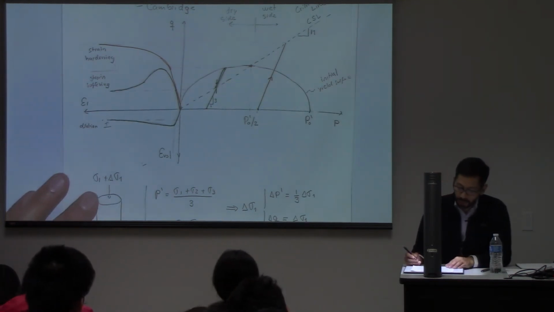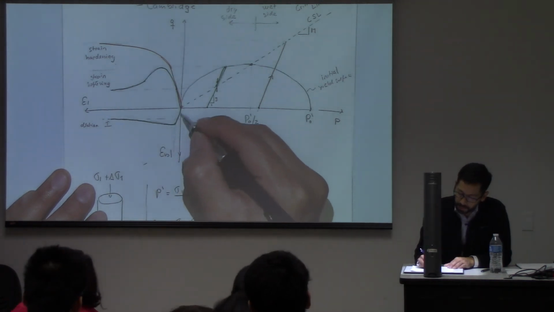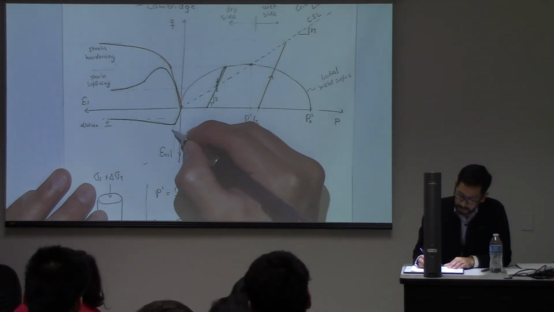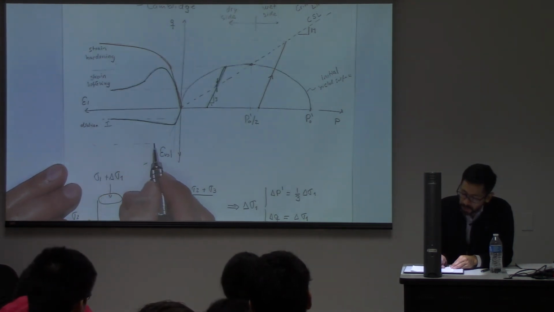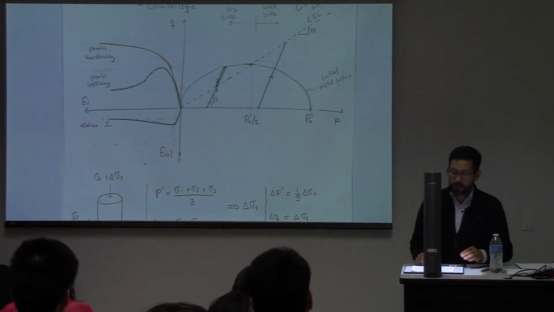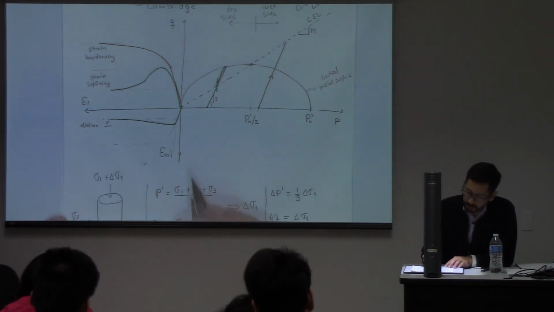And if we were to look now at the volumetric strain, what do you think will happen with the volumetric strain? Is this one going to dilate? It doesn't dilate. It always contracts.